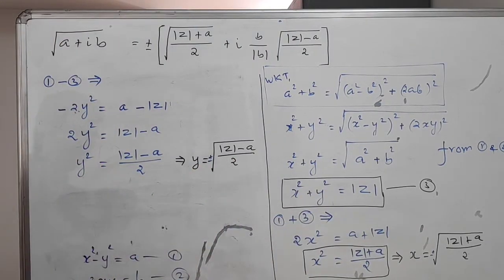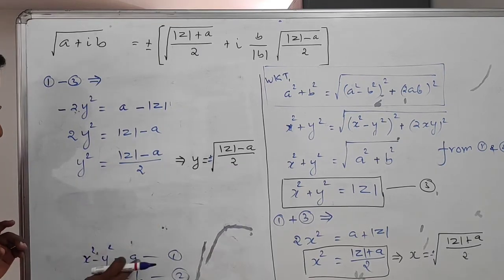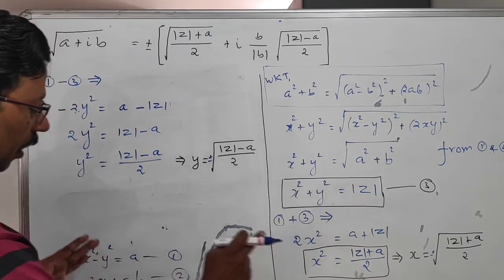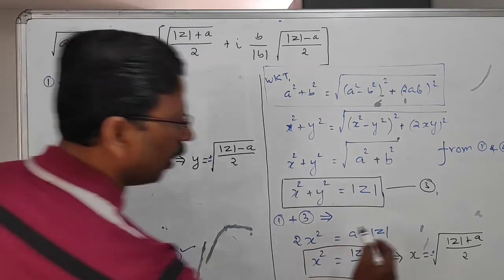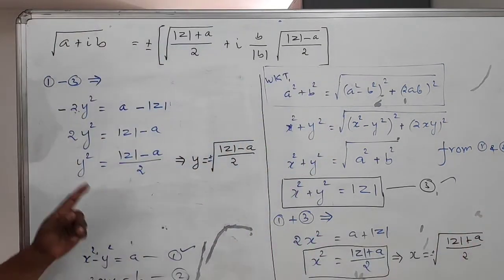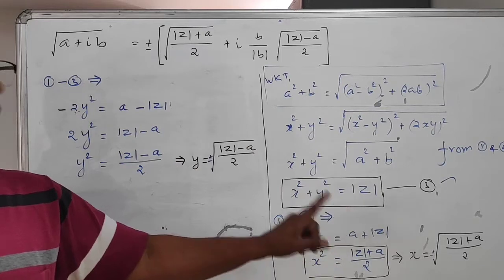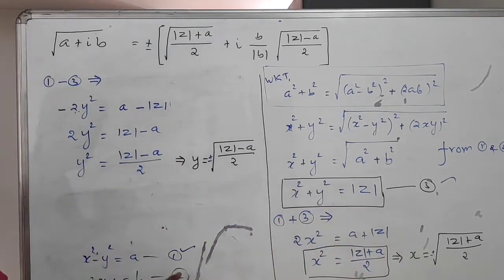Now we have three equations in total, 1, 2 and 3. But by solving equations 1 and 3 only, we have found the values of x and y. These two values of x and y must satisfy equation number 2 also.